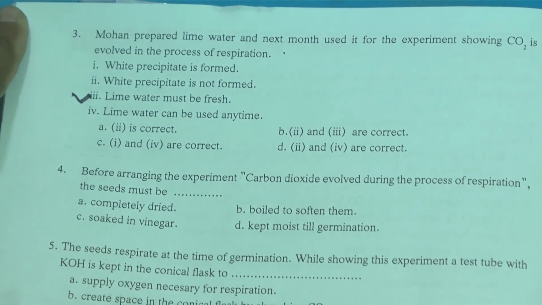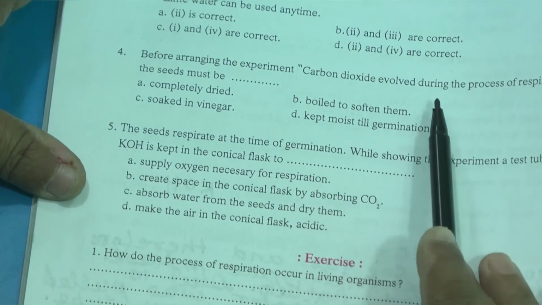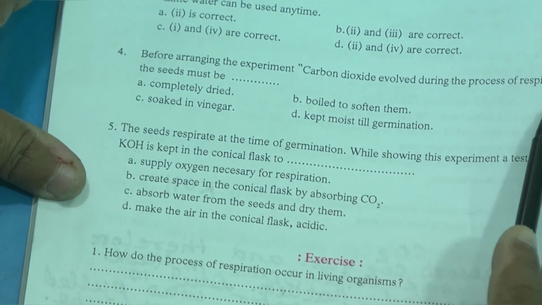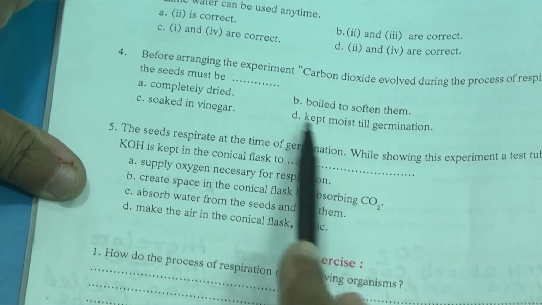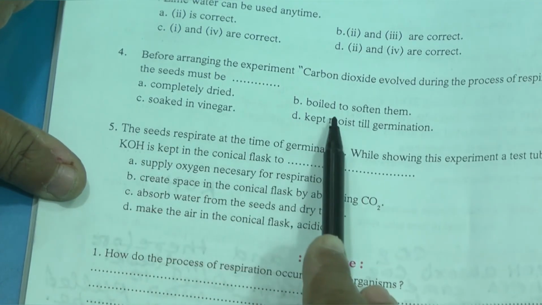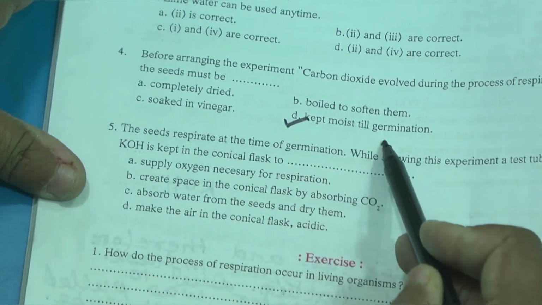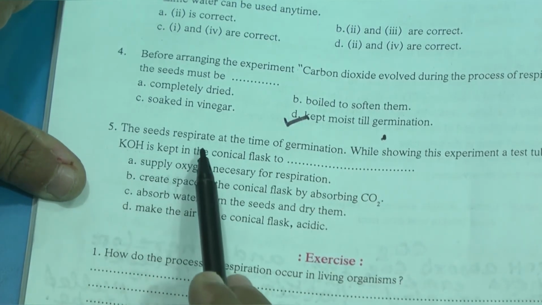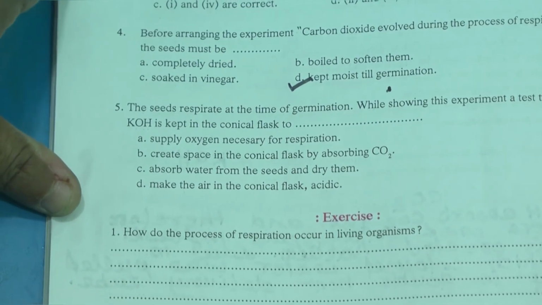Now, next option. Before arranging the experiment to show carbon dioxide evolved during the process of respiration, the seeds must be kept moist till they are germinated. The seeds respire at the time of germination.